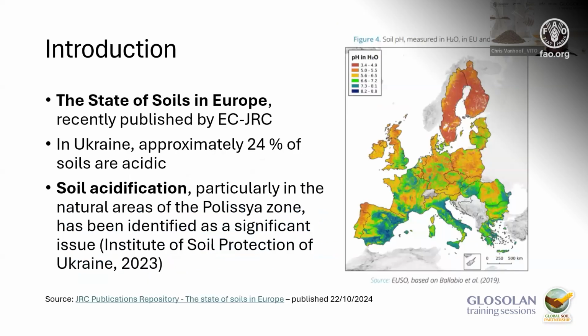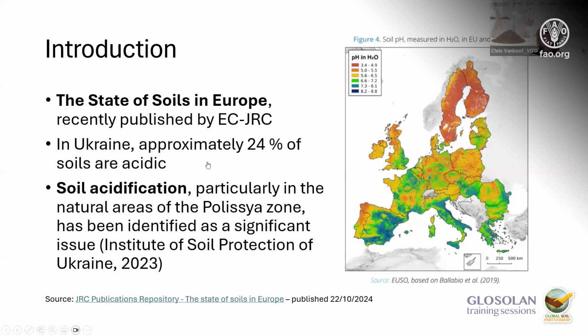Recently, a report on the state of the soils in Europe was published by the JRC. Below, you can see the reference, and later on this publication will become publicly available. You can put on the link and check the report.